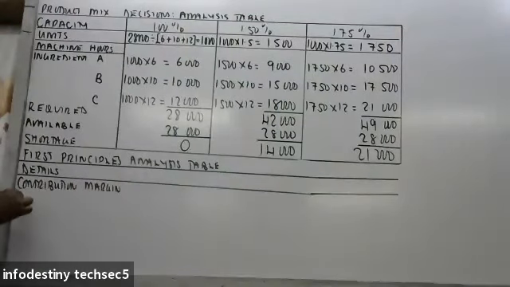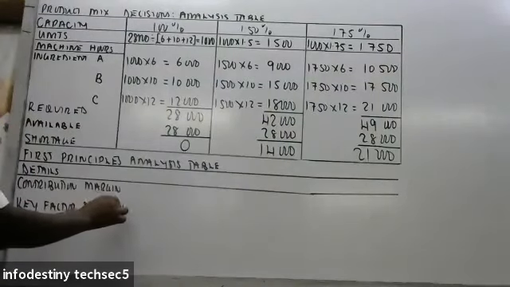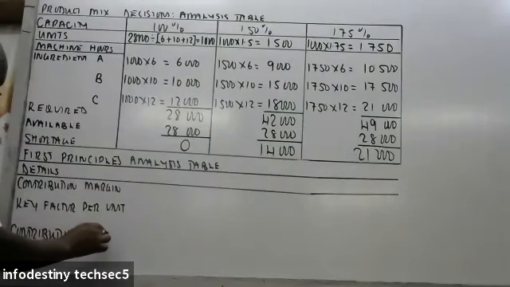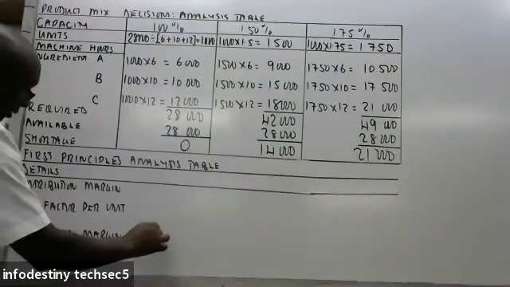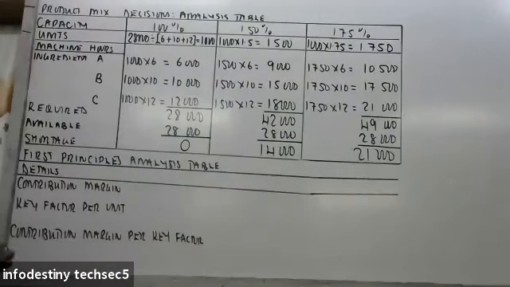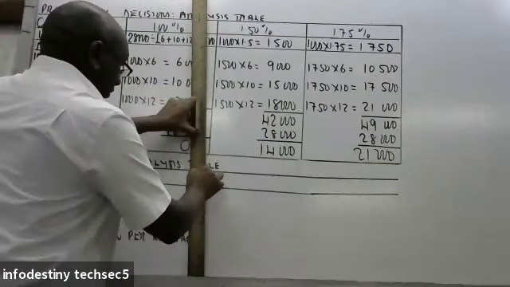Then we get the key factor per unit. Then we get contribution margin per key factor, and then we have the rank. Those are the four things.